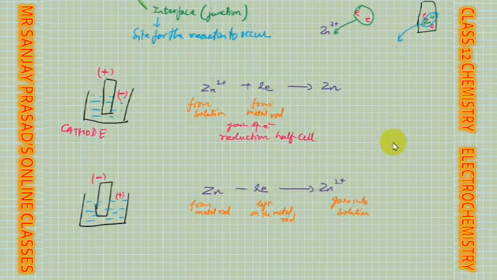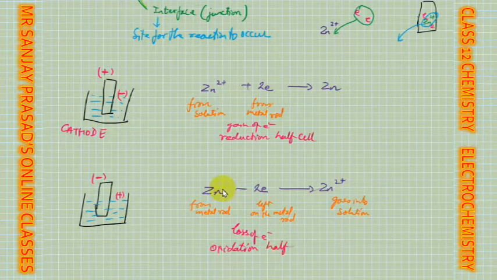So here this was loss of electrons. Loss of electrons is oxidation, isn't it? So if this occurs, this is another half cell, this is the oxidation half cell, and this gives you the anode. Oxidation means it has to be anode.